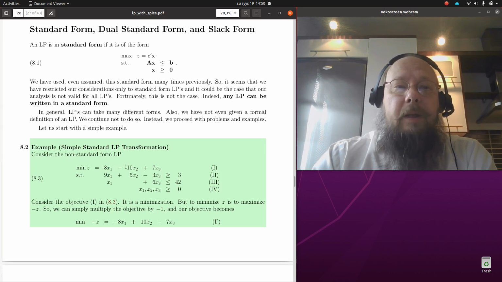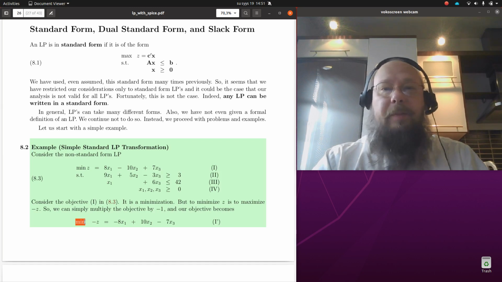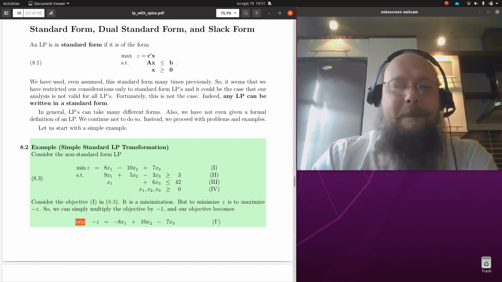Then this minimization of z, 8x1 minus 10x2 plus 7x3, that's the objective, which I call 1, is the same as, and here I have a typo, this will be corrected in the notes soon, but I will continue this video lesson anyway, so don't be confused, this will then be max in the notes, of course. So obviously this is a mistake.